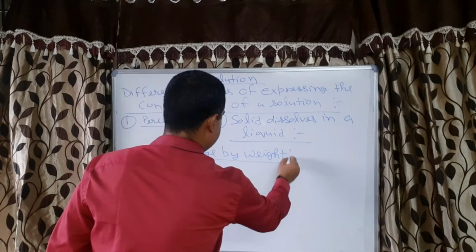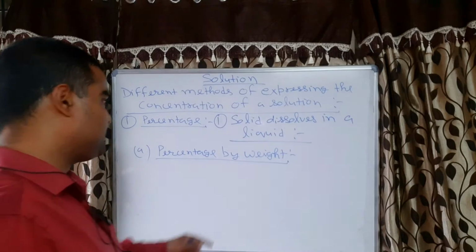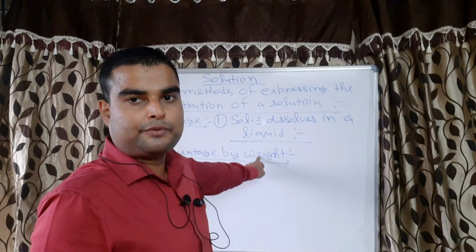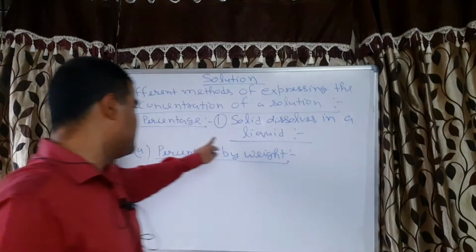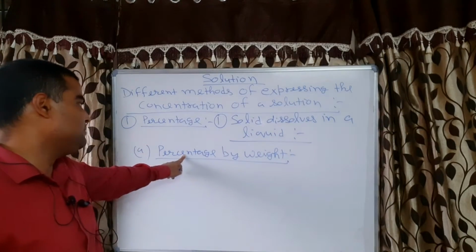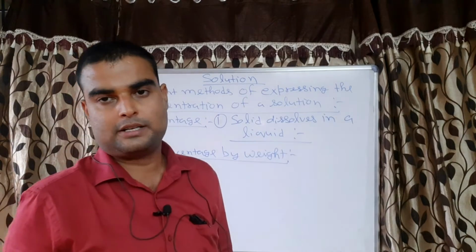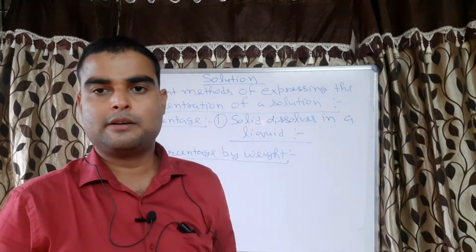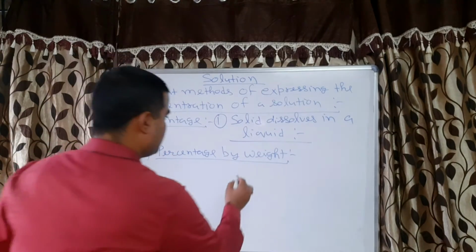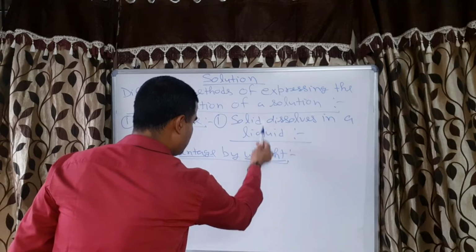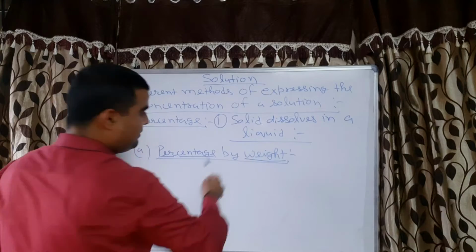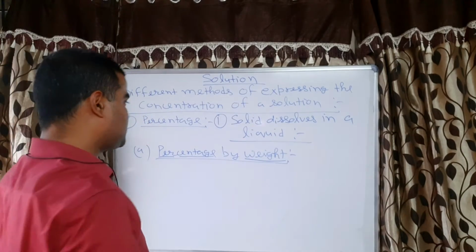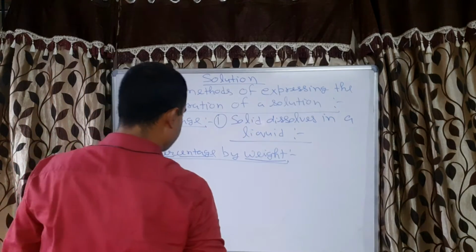Percentage by weight means weight of the solute in gram dissolved in 100 gram of the solvent. That is called percentage by weight.